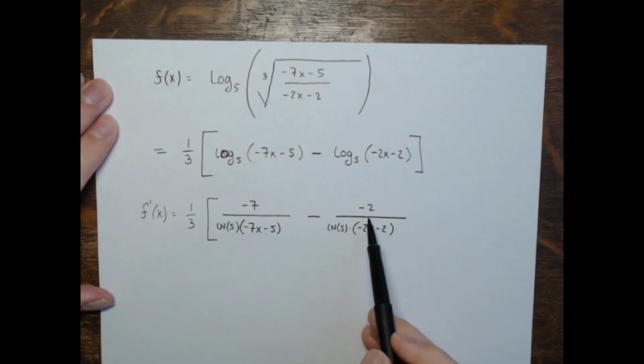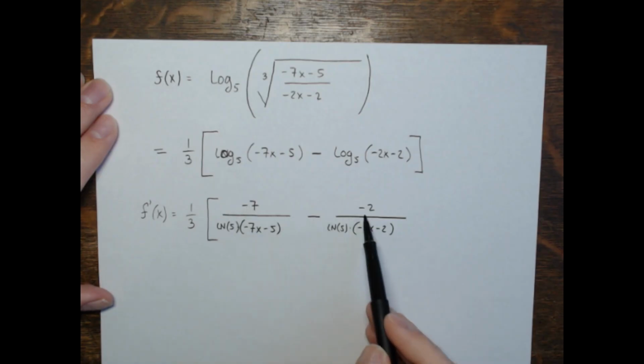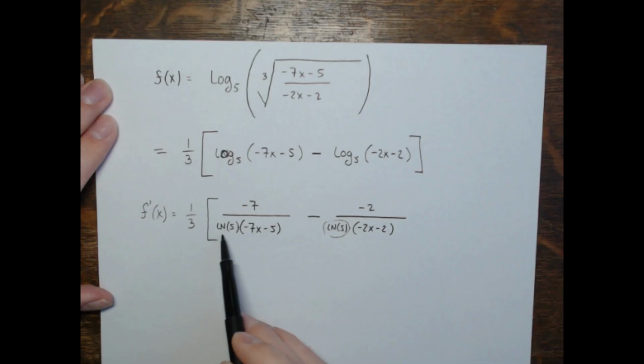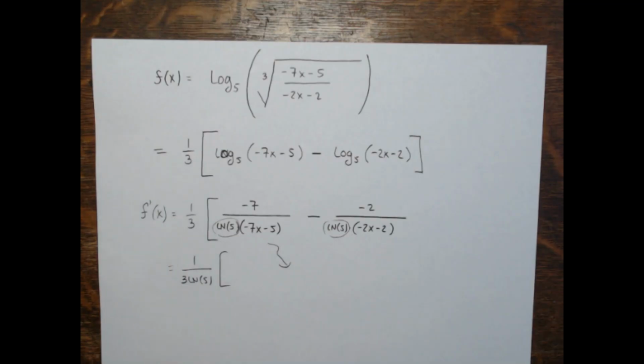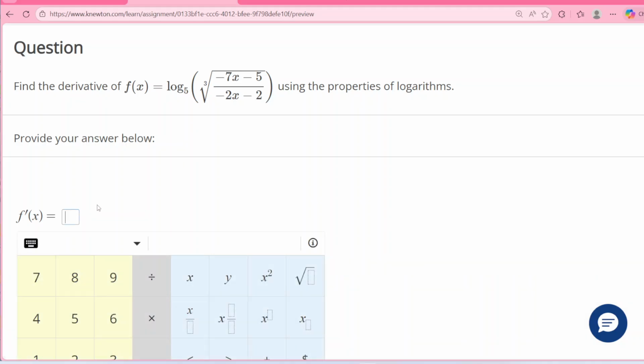And if you'd like to just multiply top and bottom by negatives, I'll turn everything plus. So you've got 7 over 7x plus 5, minus 2 over 2x plus 2. And I'm going to pull out the log 5 again. So we'd have 1 over 3 times the natural log of 5 on the outside, and then whatever's left over inside here. And this is what I'm going to type. So outside, you've got 1 over 3 natural log of 5, factored all that out.